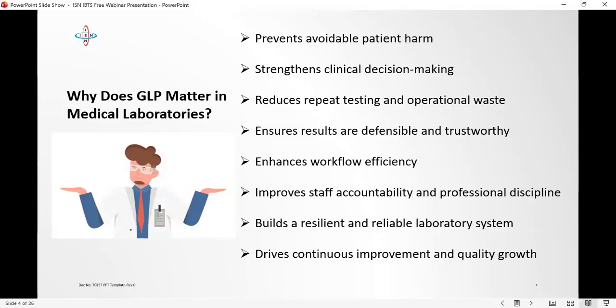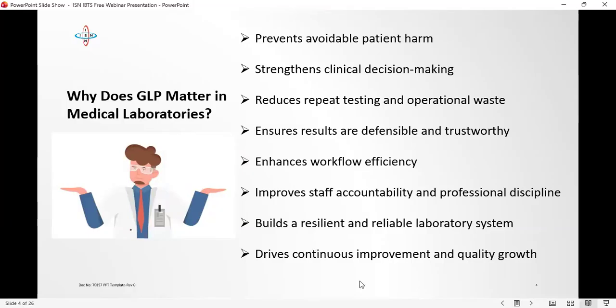Whatever result you send out will inform your doctors on the kind of decision they will make, so you're invariably part of the decision-making process for the patient. If you give a wrong result, the clinicians will make wrong decisions. If you give a right result, the clinicians will make right decisions. So it strengthens clinical decision-making.